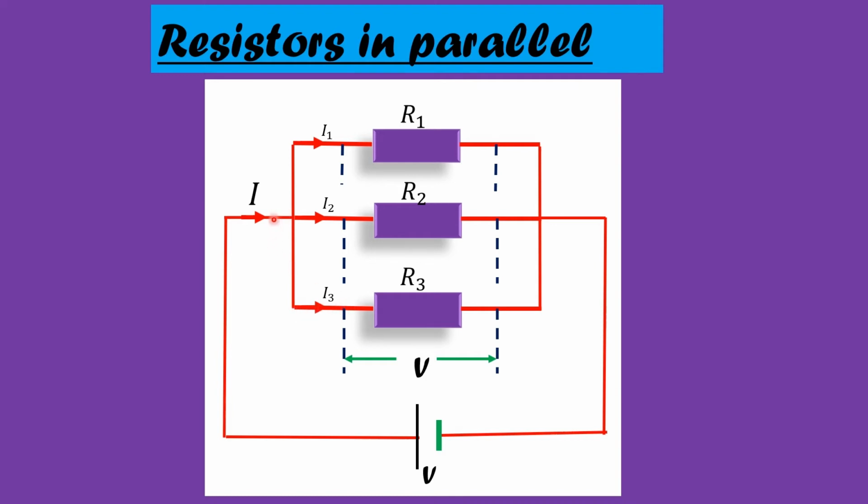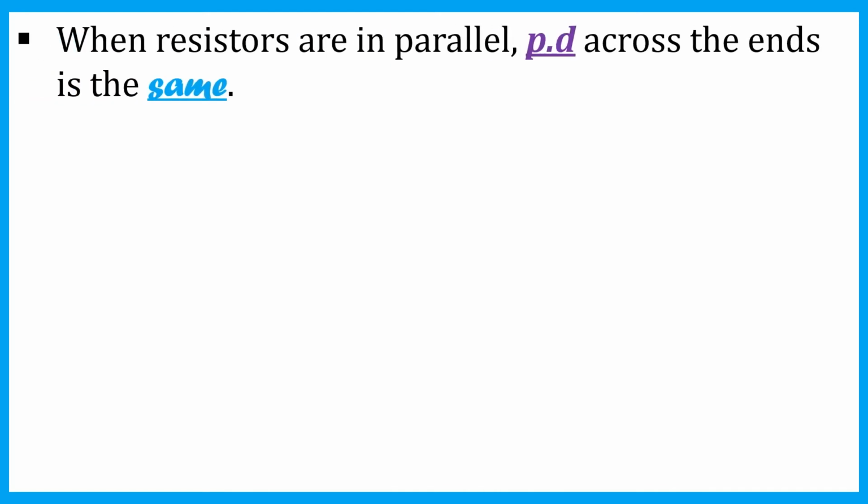We have 2 junctions, junction A and junction B. We have to emphasize that for these 3 resistors, the PD across them is the same, which is V. The PD drop across all these resistors is V. When resistors are in parallel, the PD across the ends is the same.